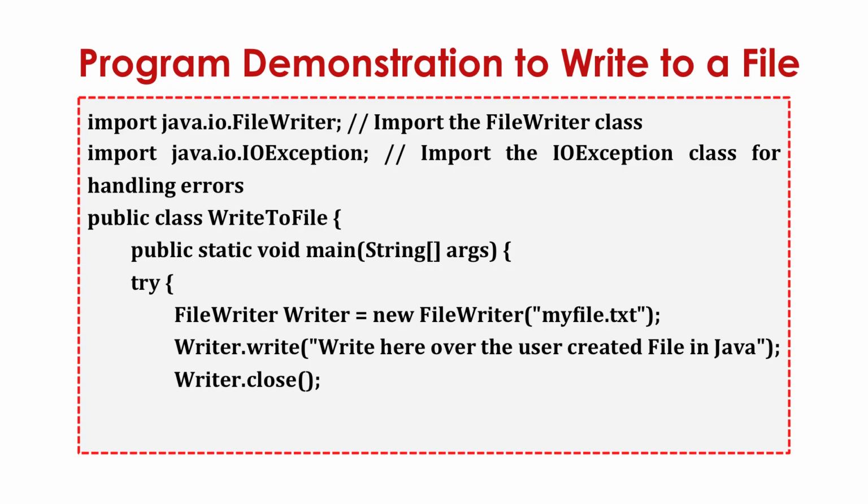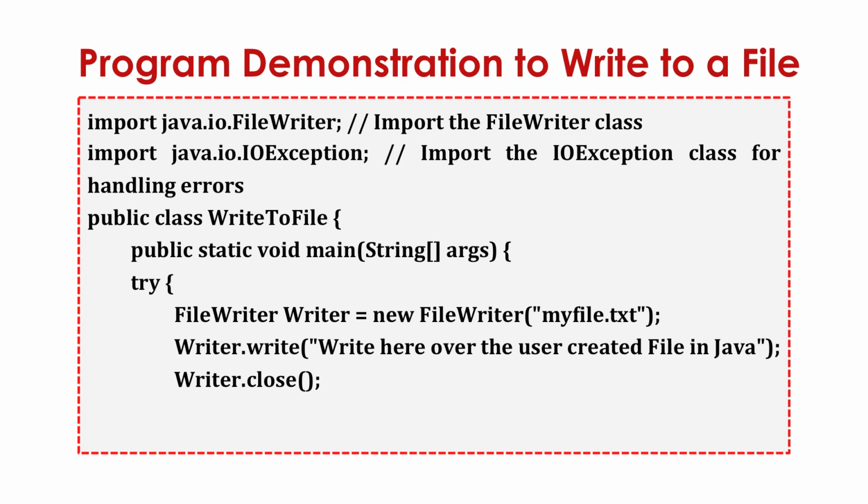Inside the main function, as always, we have a try block, and an instance of FileWriter is declared, and myfile.txt is here, to which we will try to write. So we are trying to write to that file with writer.write.